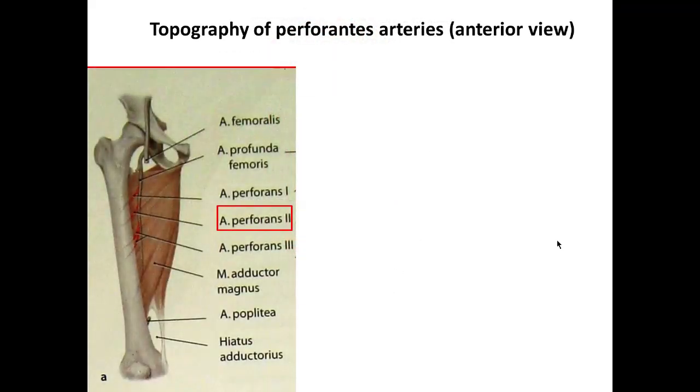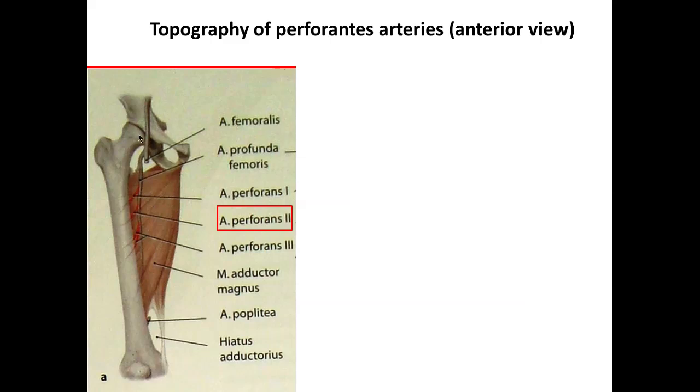So these are the main features of these vessels. And again, to distinguish them, let's look at this picture. What can we see? Hip joint, femur, hip bone, foramen obturatum, and here it is arteria femoralis. Arteria femoralis.